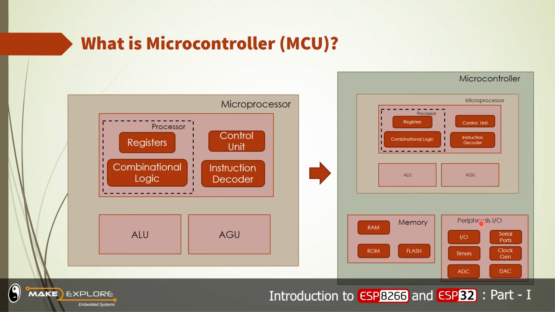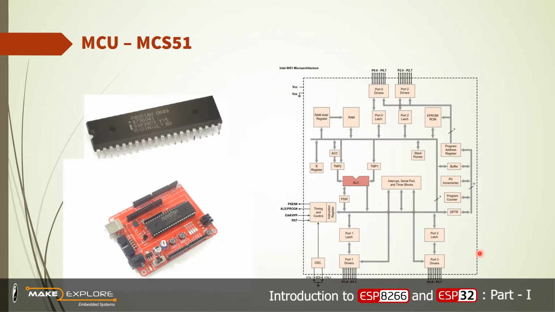It also has peripherals like IO, timers, ADCs, serial ports, clock generation unit, and analog to digital converter or DAC, etc. An example we have seen is the MCS51, that is the 8051 microcontroller. It has an architecture like this. It has an ALU, and you can see that it has RAM on board and EEPROM on board.